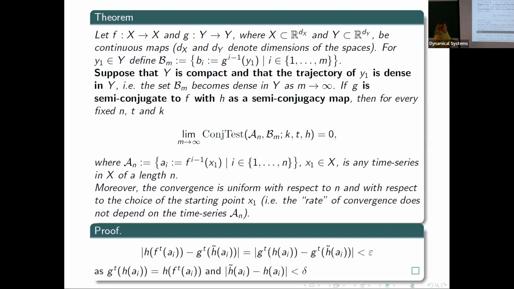So if systems are semi-conjugate, these tests should give us small values, provided that we sample long enough. And the proof is based on the uniform continuity over compact spaces, and applying the semi-conjugacy formula.